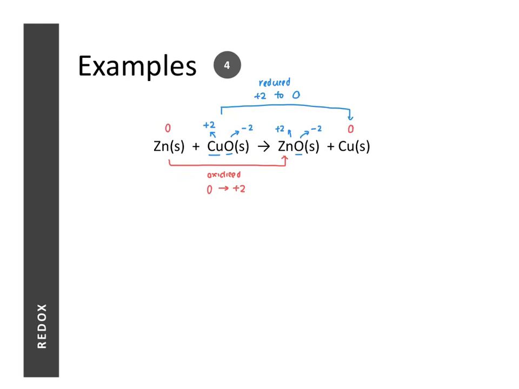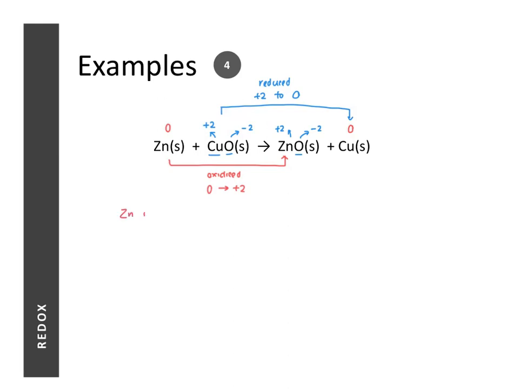So a common question that you will get is this: which substance is oxidized and which substance is reduced? To answer this question, there is a recommended template that you need to remember. So the substance that is oxidized is zinc.